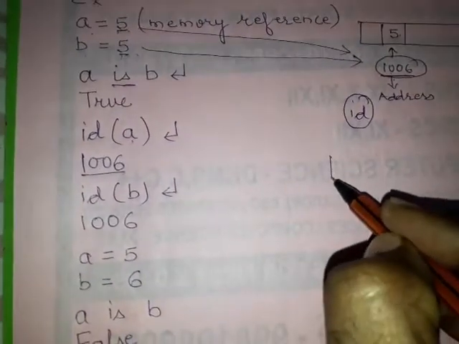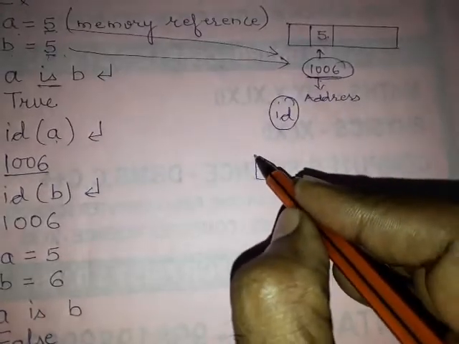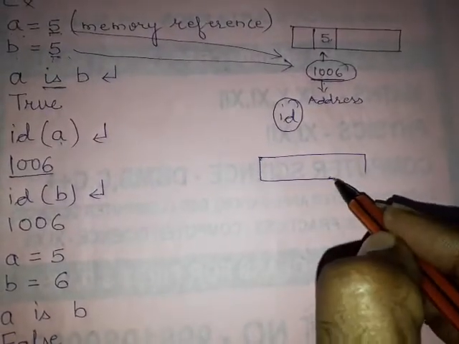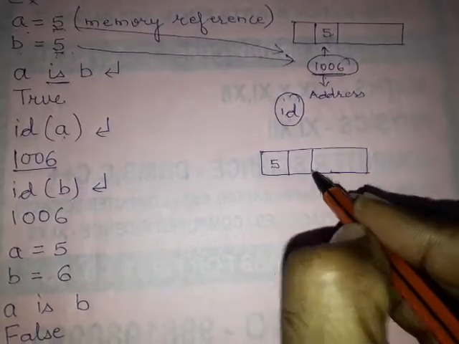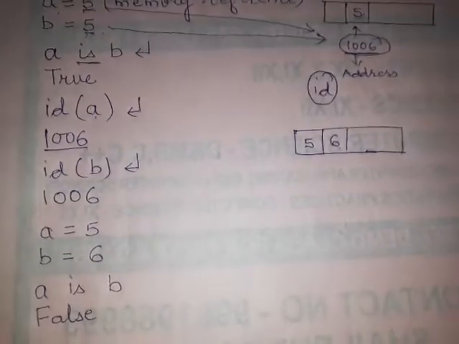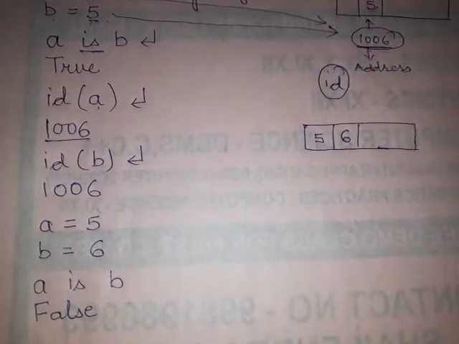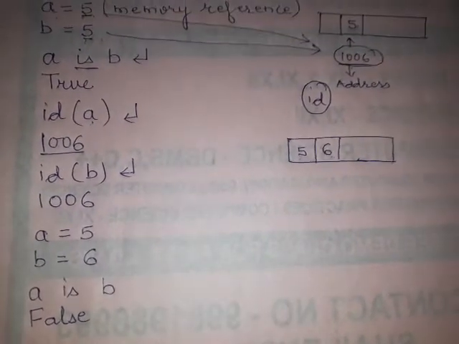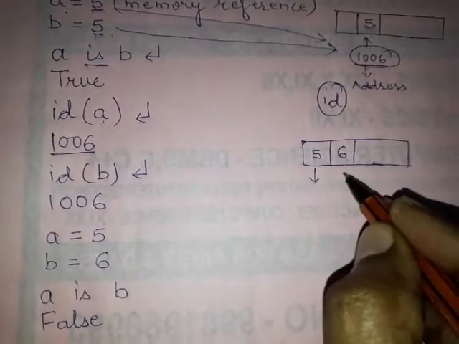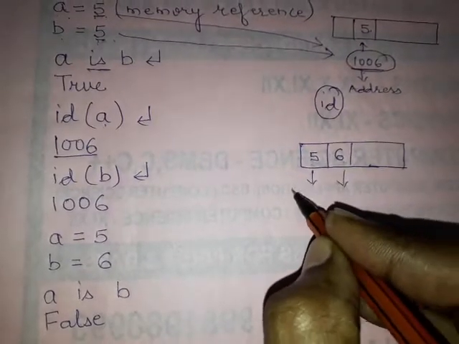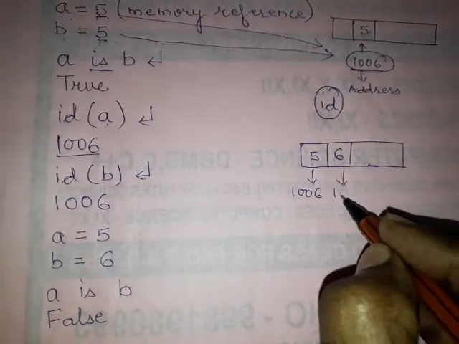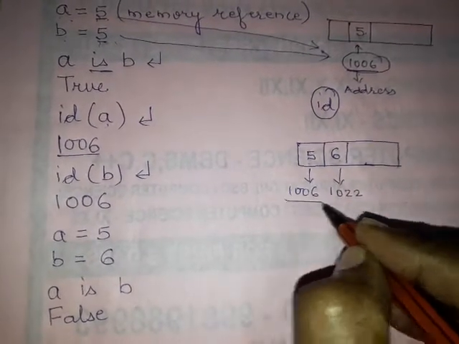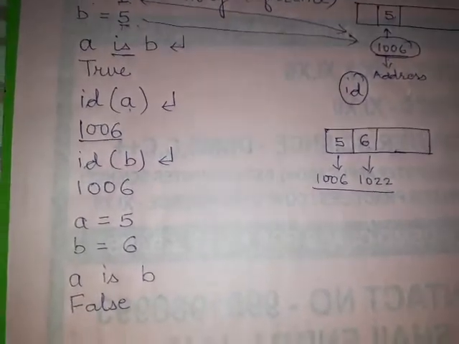Because in memory space, the 5 is written at one location and 6 is written at a different location. No two numeric values are written at the same address. They have different addresses. Suppose this is 1006, then the other will be 1022, something like this.